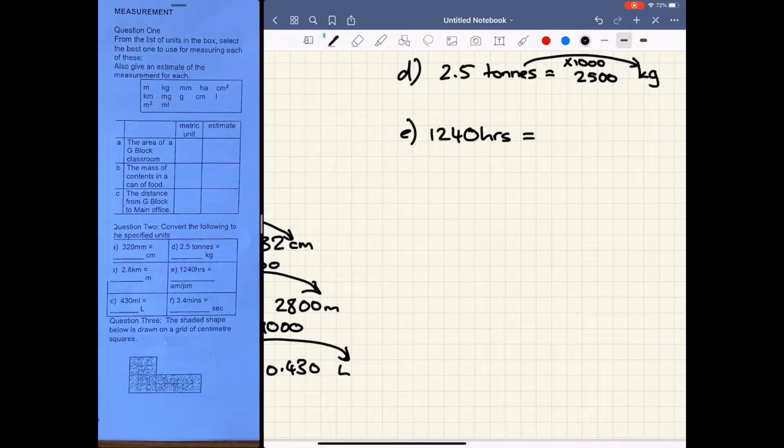I'm guessing it's referring to 24-hour time, in which case, 12:40 PM is just 12:40 in 24-hour time, and 12:40 AM would be 00:40. I don't think you need the dots. Sorry, 12:40 and 00:40.